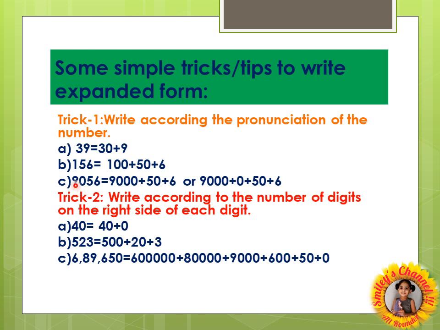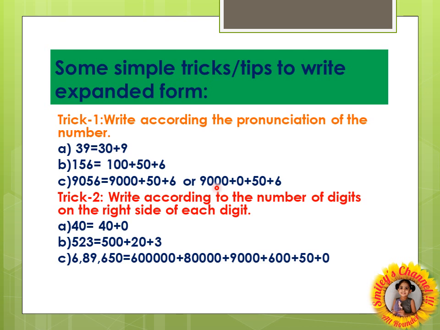9056. 9000 plus 50 plus 6. So this is one way, and you may get a doubt: we did not write 0. Even if you don't write 0, it is correct, but if you want to write it along with 0, so here, 9056 we say, right?